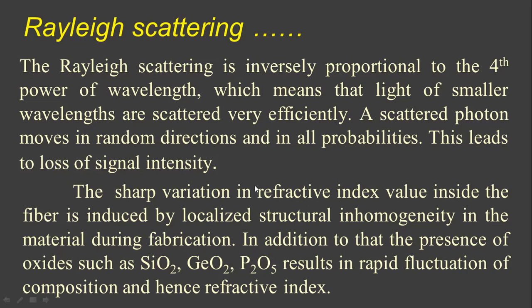The sharp variation in refractive index value inside the fiber is induced by localized structural inhomogeneities in the material during fabrication. In addition to that, the presence of oxides such as SiO2, silicon oxide, GeO2, and P2O5 results in a rapid fluctuation of composition and hence refractive index.